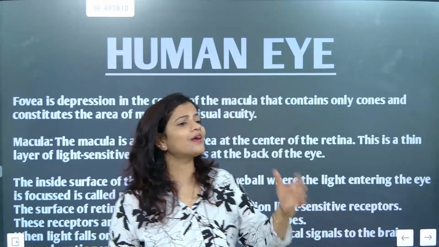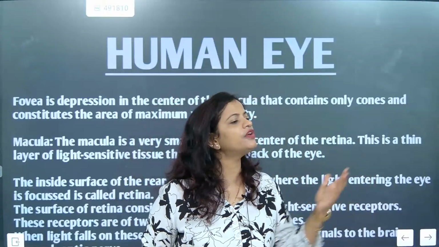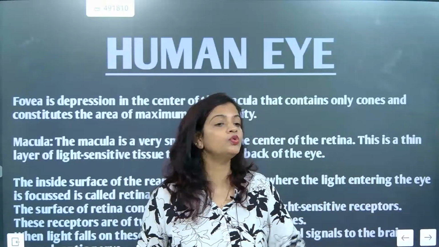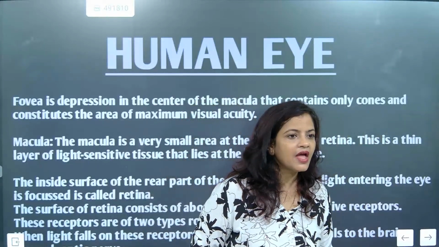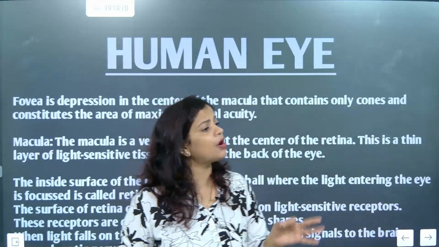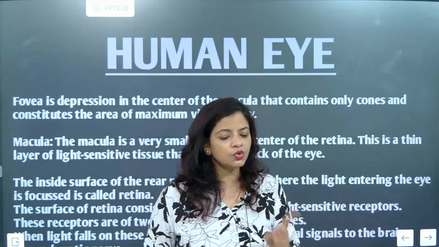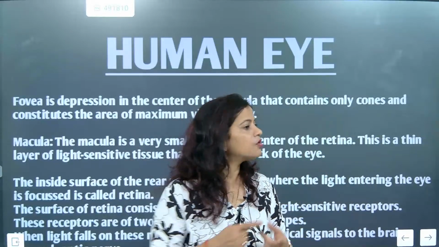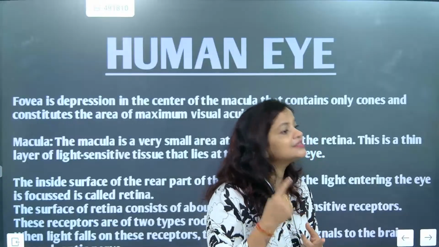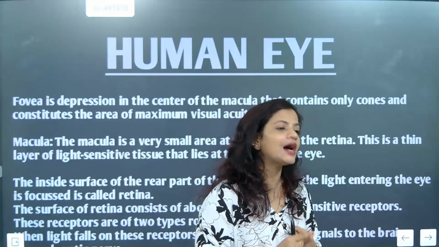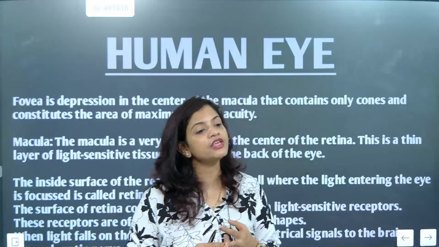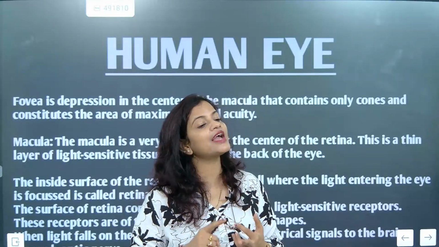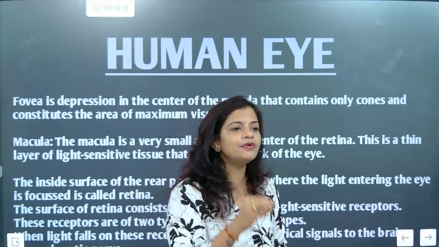You can track color, which makes you very different from other organisms that are not able to differentiate color. This is because of the cone cells. What are the two different types of cells present? Rods and cones. Rods make your eye sensitive to see in the dark, and cones make your eye sensitive to what?